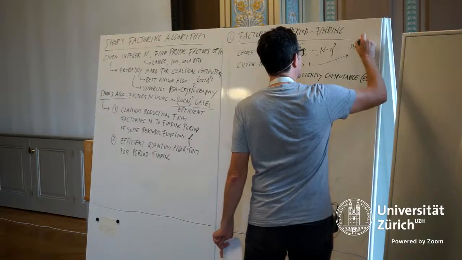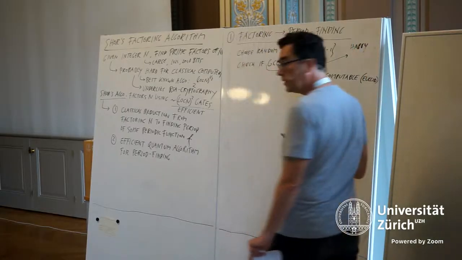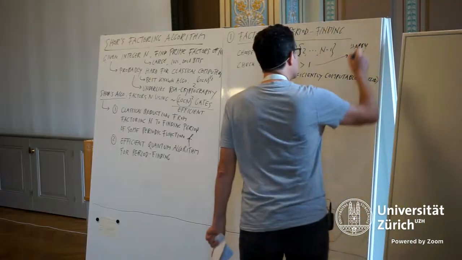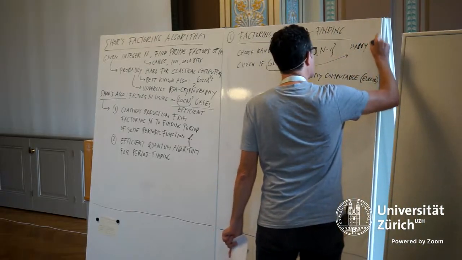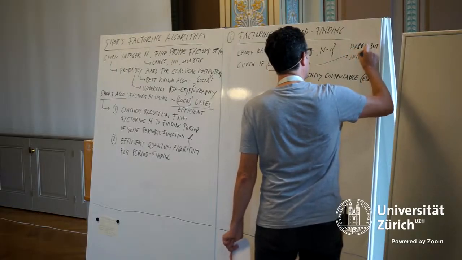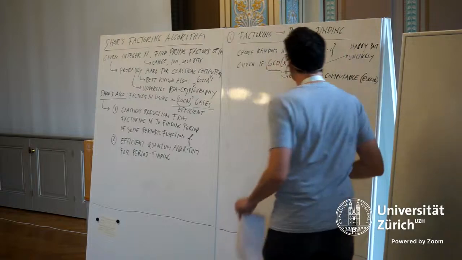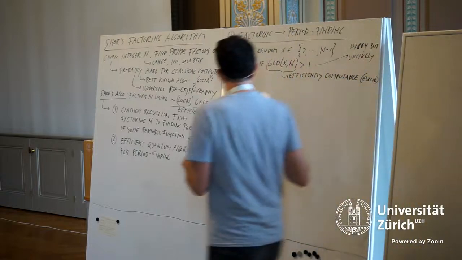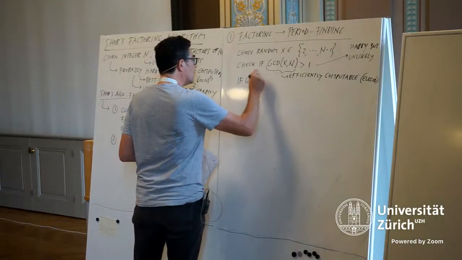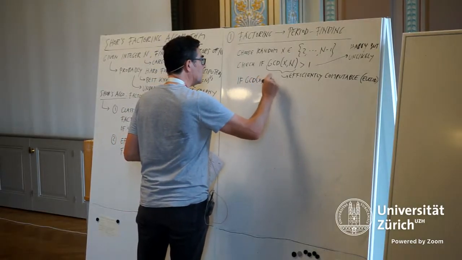It's much more likely that the GCD of x and N is equal to 1, that there is no non-trivial common divisor of x and N. But if the GCD of x and N is equal to 1, you can do something else.